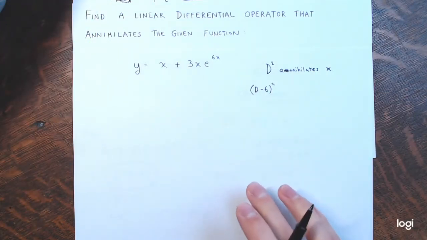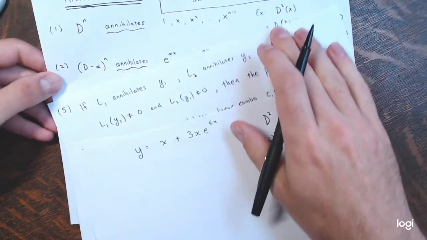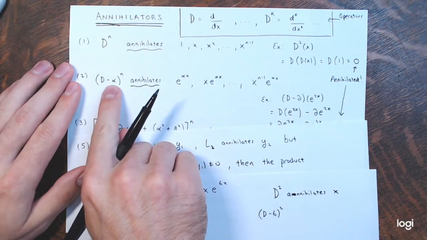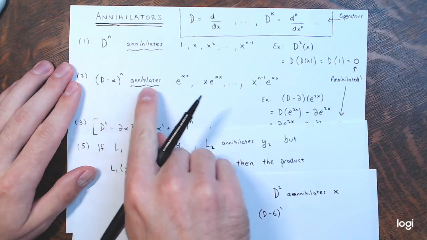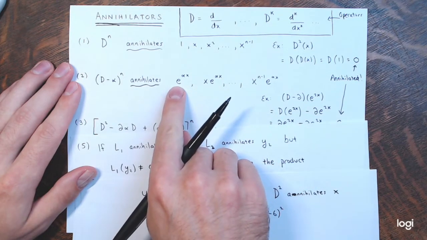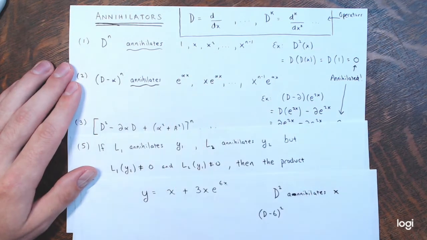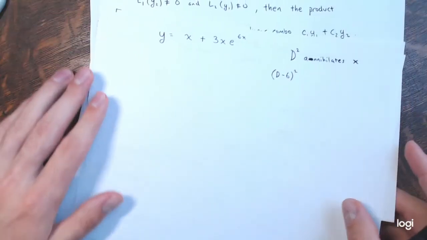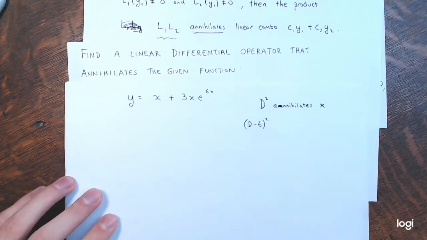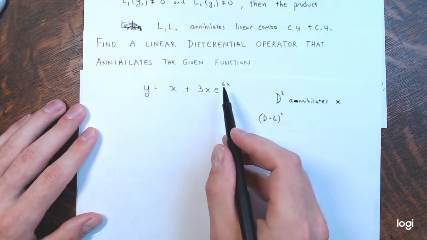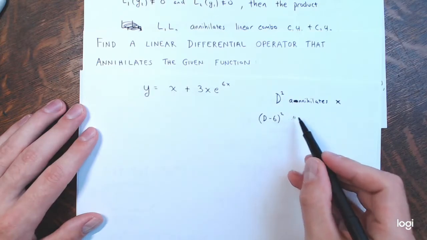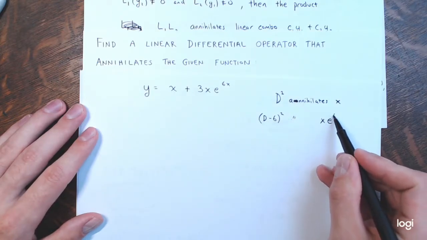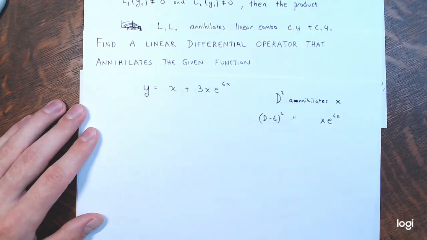All right, going back again up here, d minus 6 squared would annihilate everything from e to the 6x up to x times e to the 6x, right? So I'm seeing this x times e to the 6x there. This annihilates x times e to the 6x, d minus 6 squared.